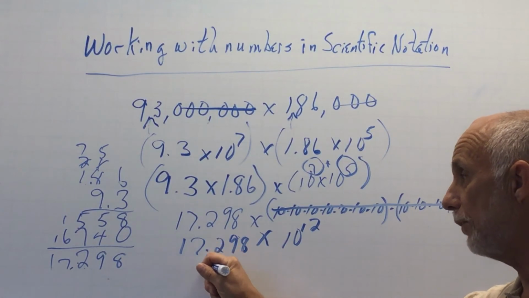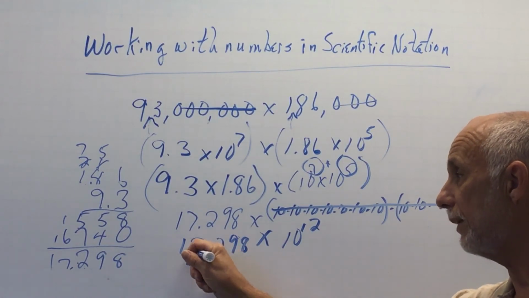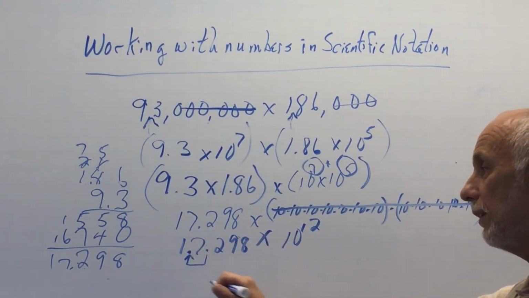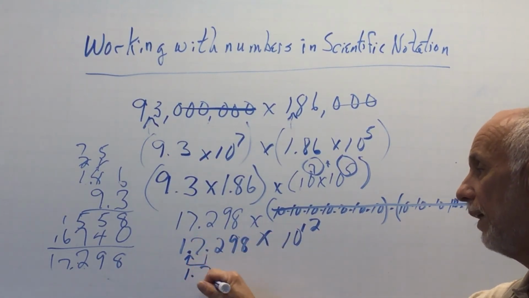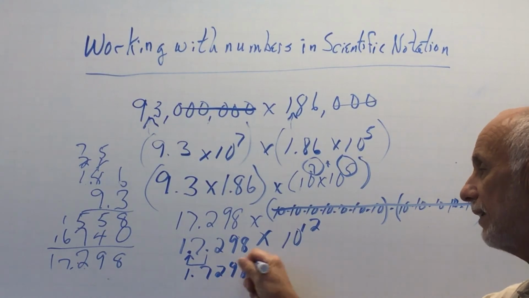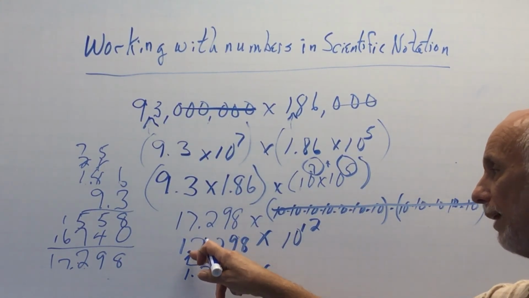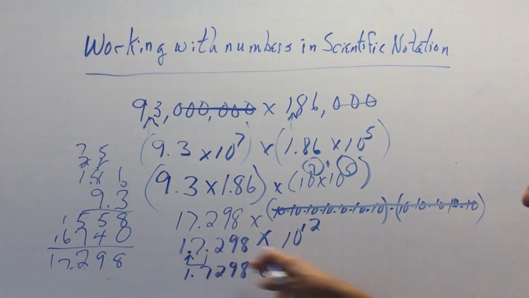So the first thing I have to do is move my decimal one extra place to the left. And instead of 17.298, I get 1.7298. But if I move the decimal one extra place to the left, that means in my final answer, I've got to move it one extra place to the right.